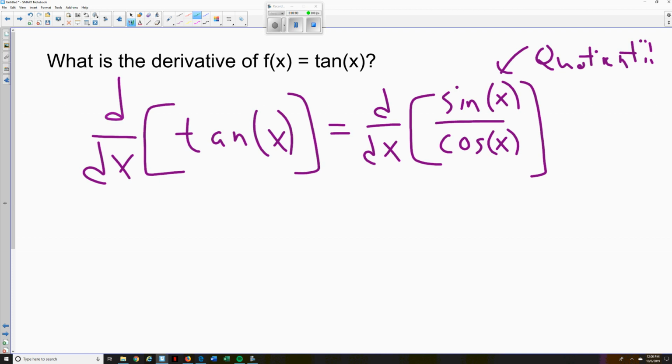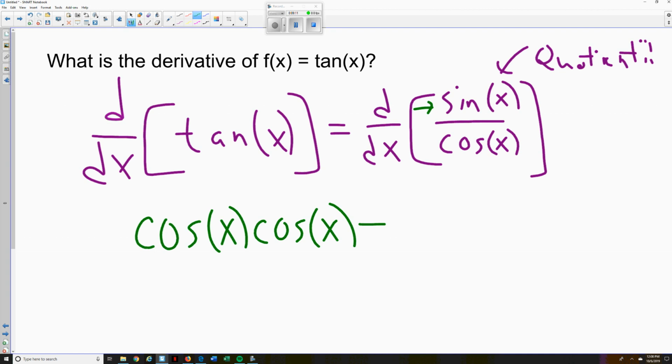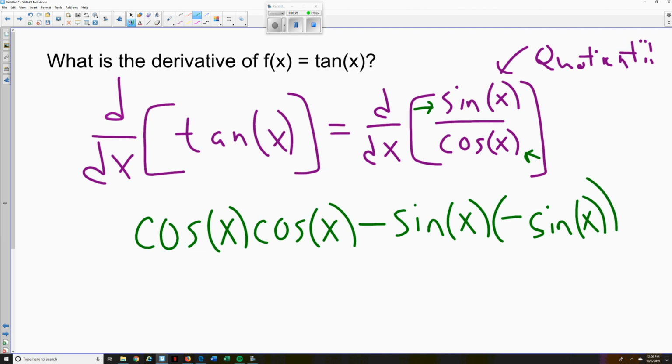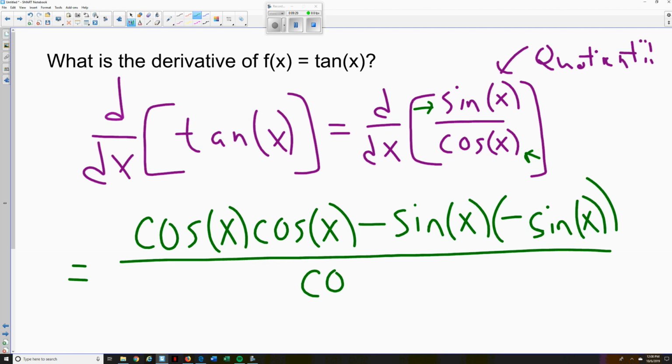We're going to take the derivative of sine x, well that's cosine x, and then times the denominator, cosine x, minus the top, which is sine x, times the derivative of the denominator, which is negative sine, which we just learned, all over the denominator squared, so cosine squared of x.